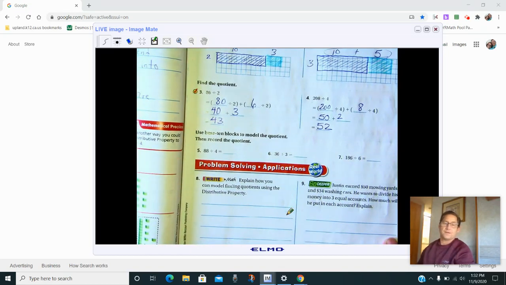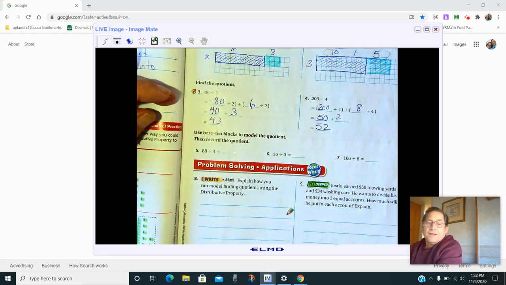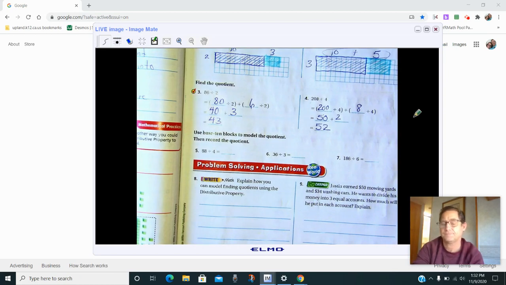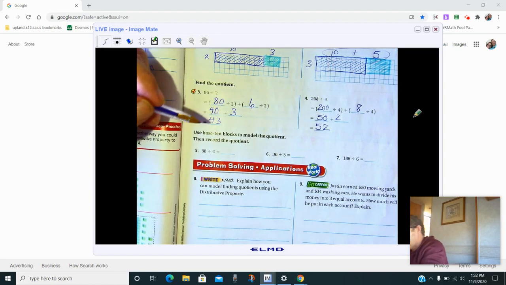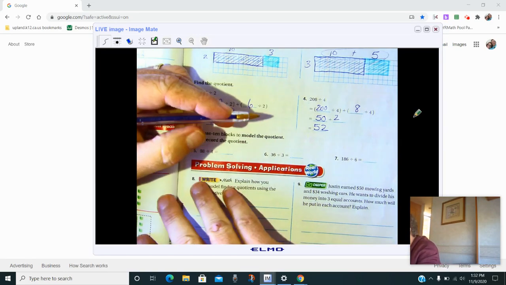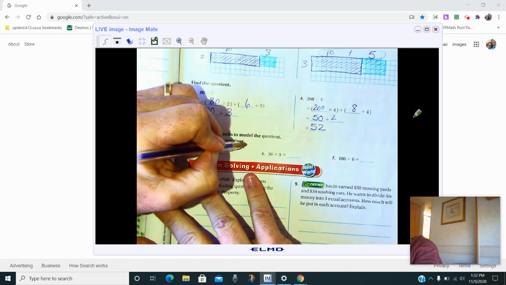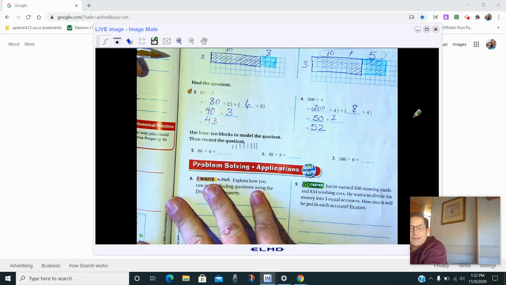Use base 10 blocks to model the quotient. 88 divided by 4. So we'd have 1, 2, 3, 4, 5, 6, 7, 8 ten rods and 8 ones.